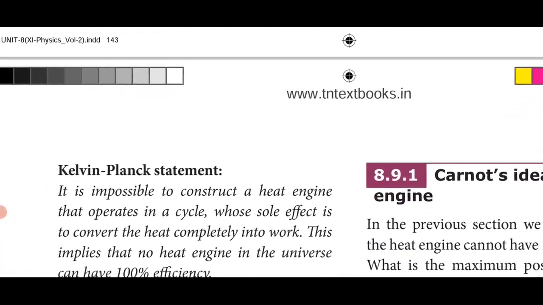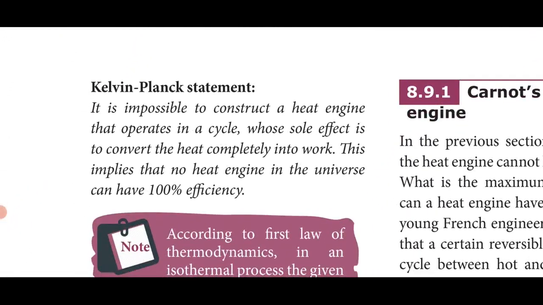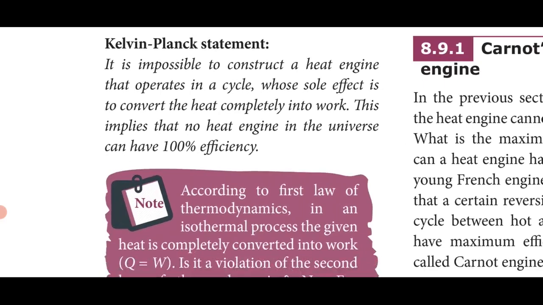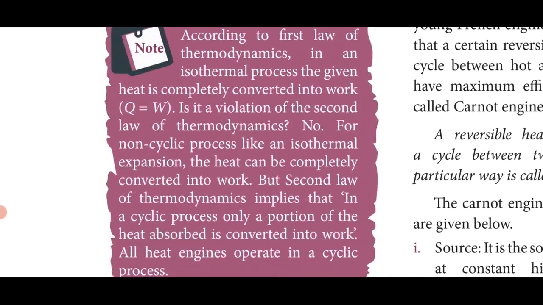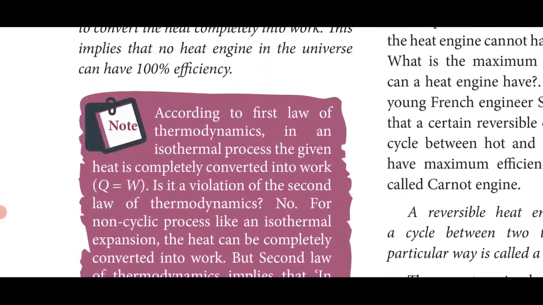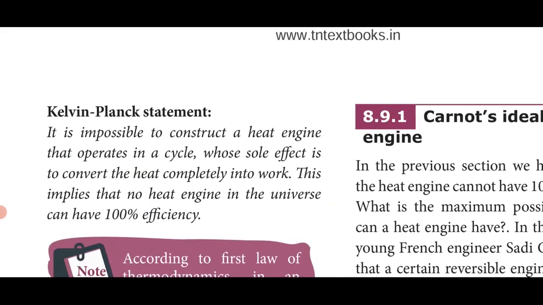Understood, students? The Kelvin-Planck statement says it is impossible to construct a heat engine that operates in a cycle whose sole effect is to convert heat completely into work. This implies that no heat engine in the universe can have 100% efficiency.